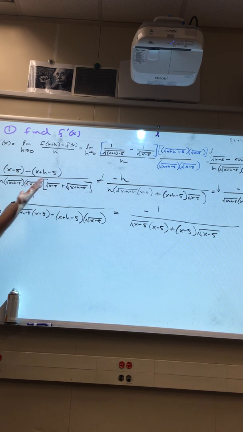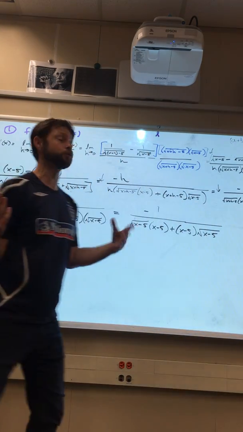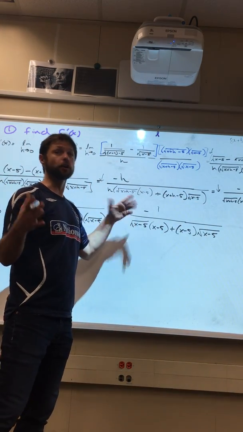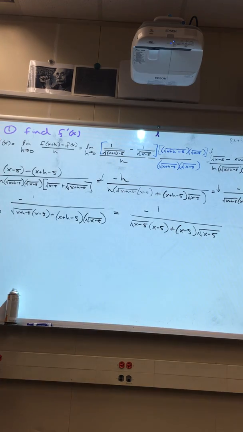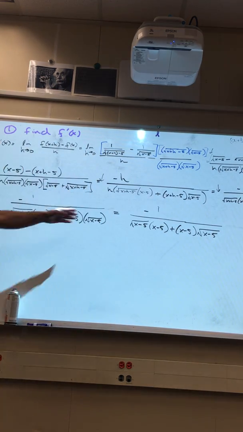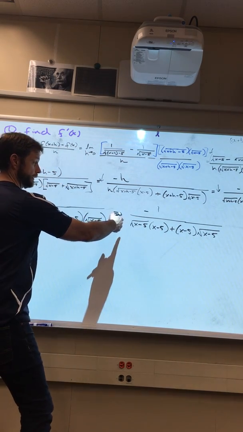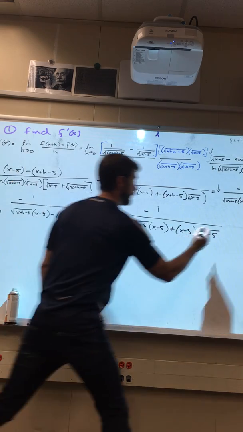So we're pretty much done. I mean, you could probably plug it in and move on from here. Let me just give you some good algebra skills. If you get here, you're going to be good for the derivative. But let's algebraically clean that up.